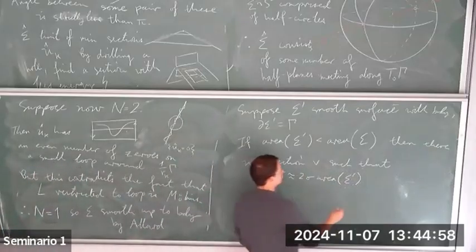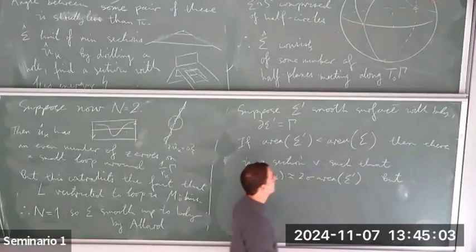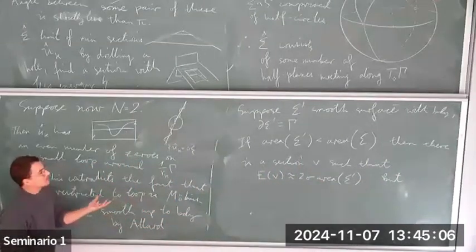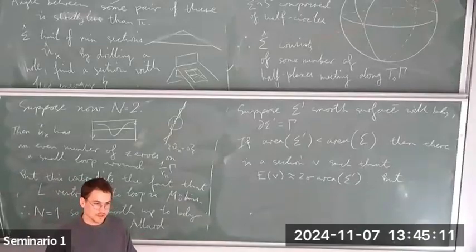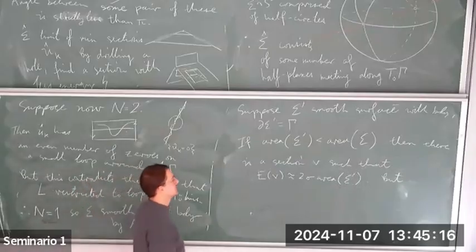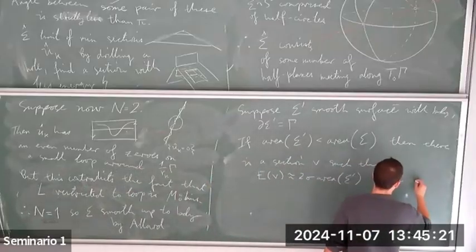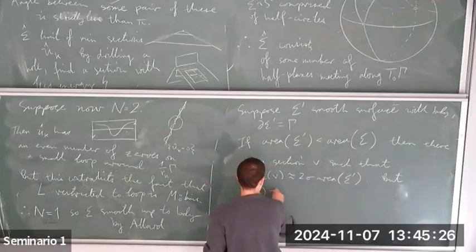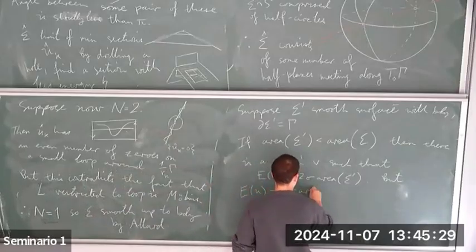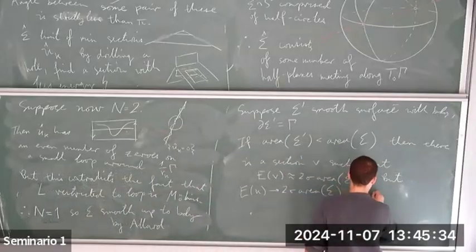Right, so since the energy of our section U is converging to 2 sigma times the area of sigma, for small epsilon we get a contradiction. But energy of U is converging to 2 sigma times the area of sigma as epsilon goes to 0.